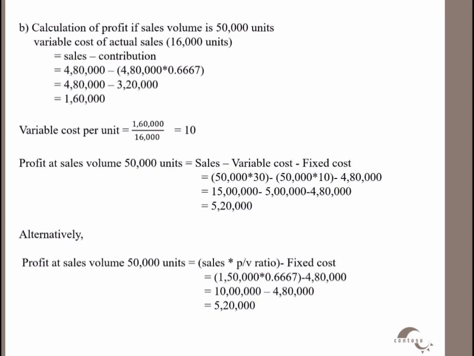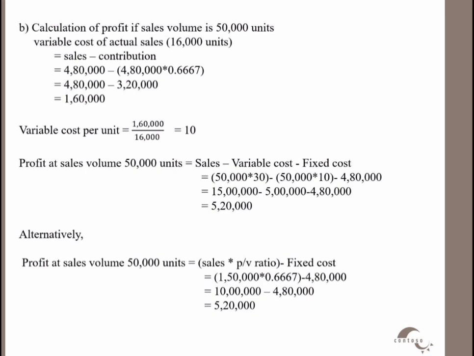That means 4,18,000 minus 3,20,000, we get 1,16,000, the variable cost of actual sales. So the variable cost per unit is 1,16,000 divided by 16,000, that is equal to 10 per unit.